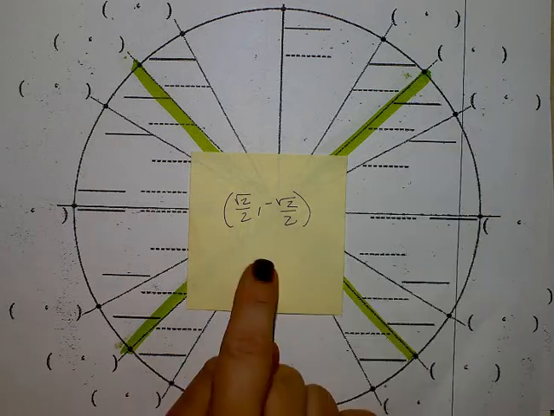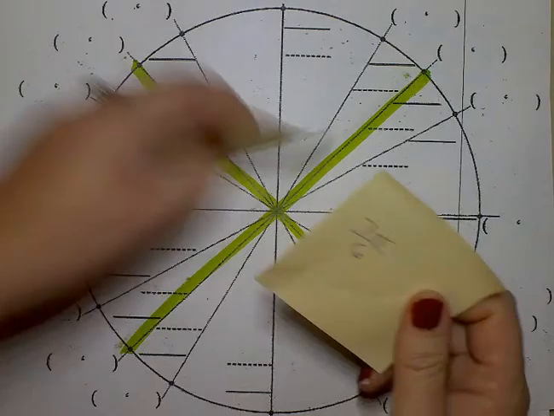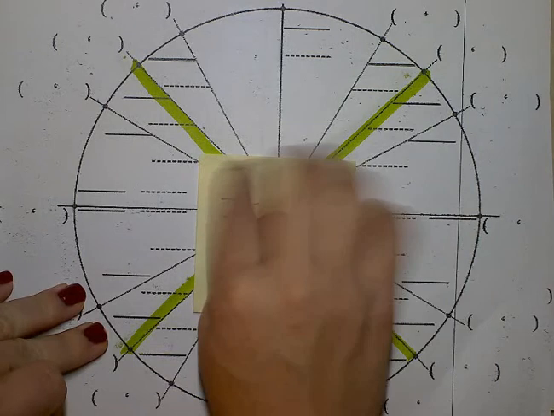When you find this position on the unit circle, what is the degree measurement? Number 3.